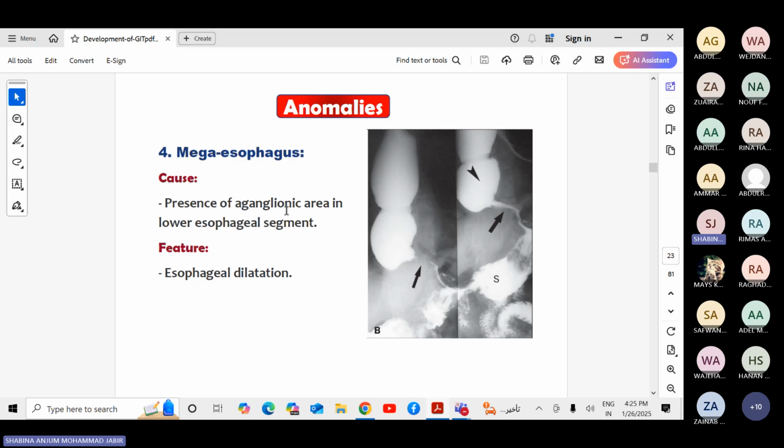Because there will be absence of ganglia in that area. Aganglionic means absence of ganglion or neural cells. If there is no neuron, there will be no muscular control, so as soon as the food goes there, that part becomes dilated.